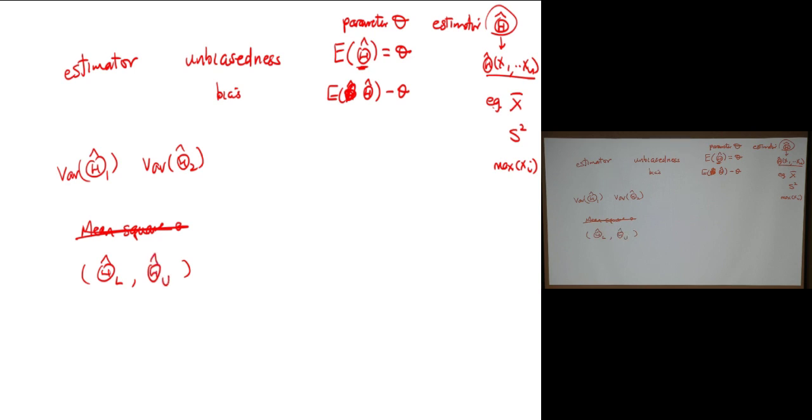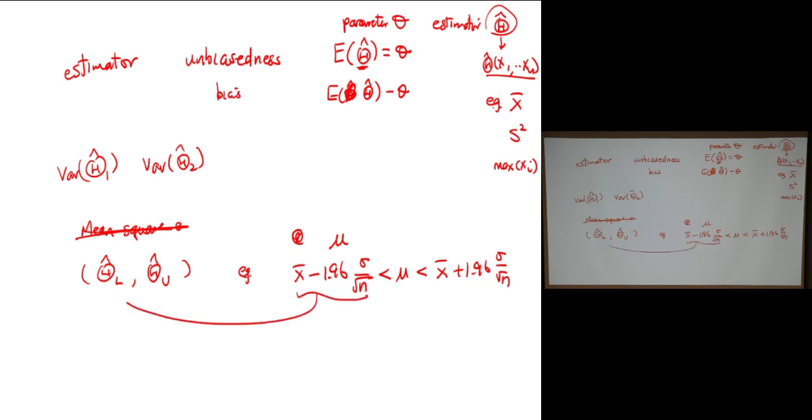An example of an interval to estimate mu would be x bar minus 1.96 sigma over root n. This will be our lower limit, and x bar plus 1.96 sigma over root n will be our upper limit.